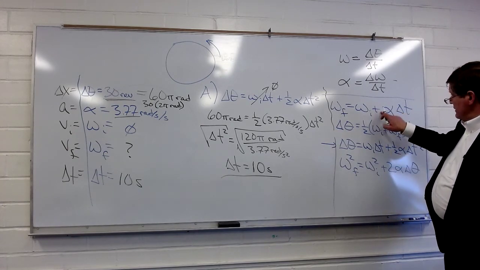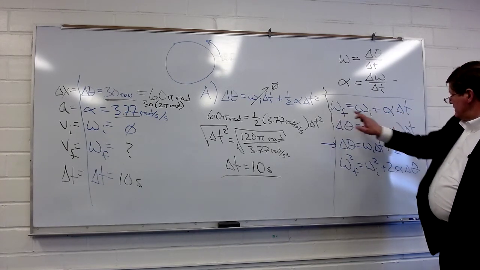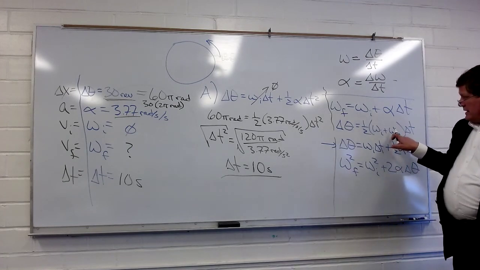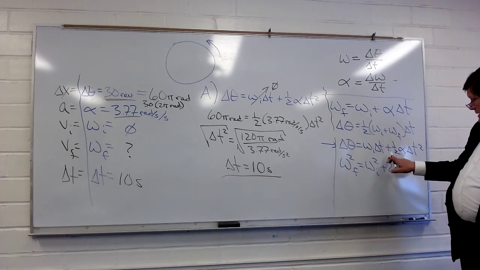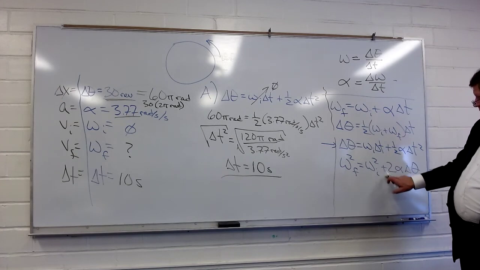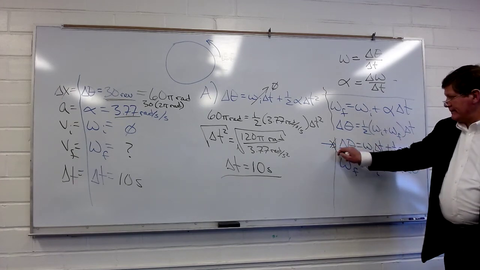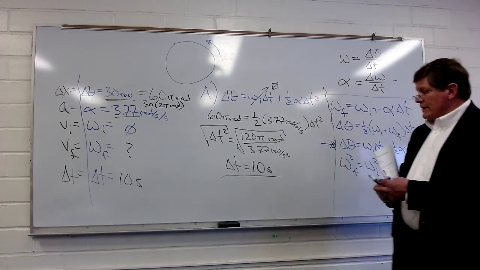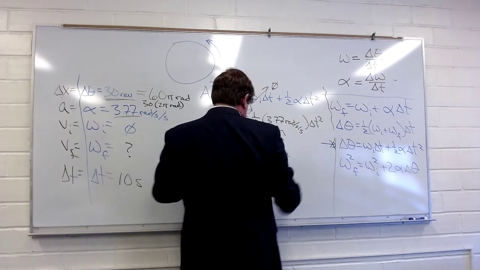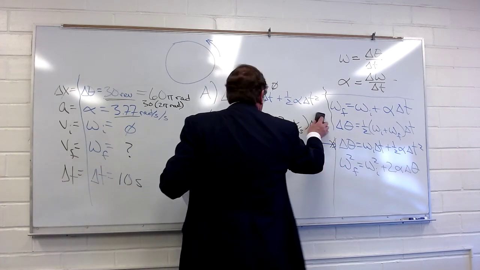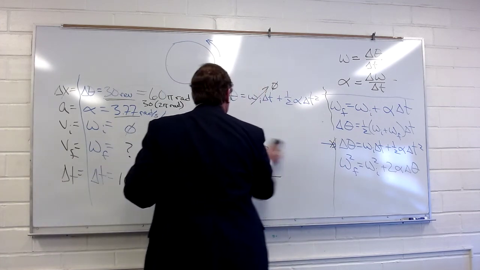I can use this equation to get omega final, or this equation, or this equation, not this one. So, whenever I have a choice, I choose one of the first 2 because they're the fundamental equations.